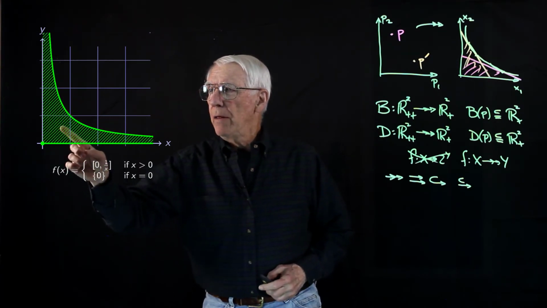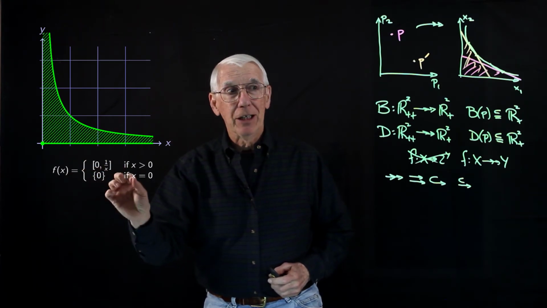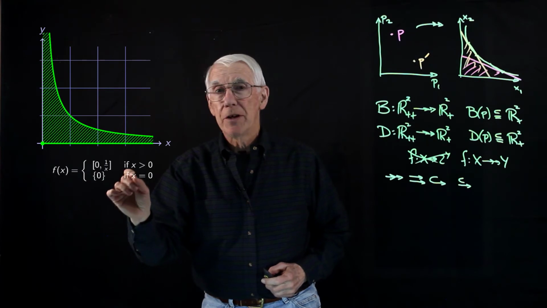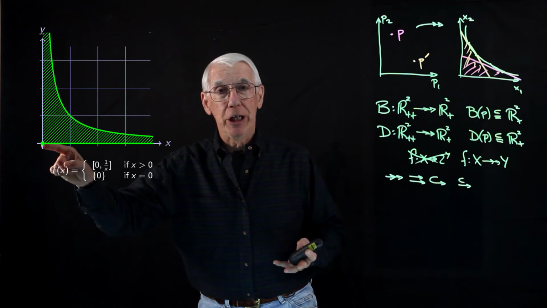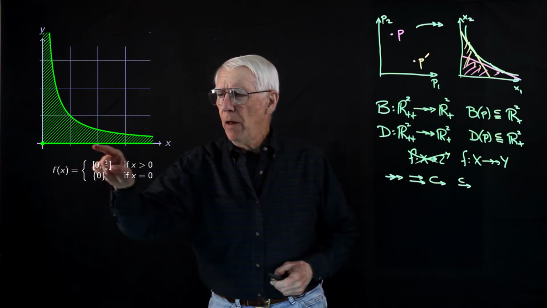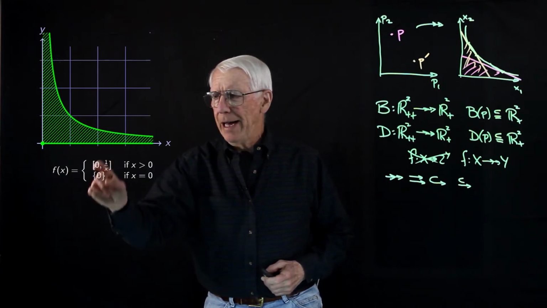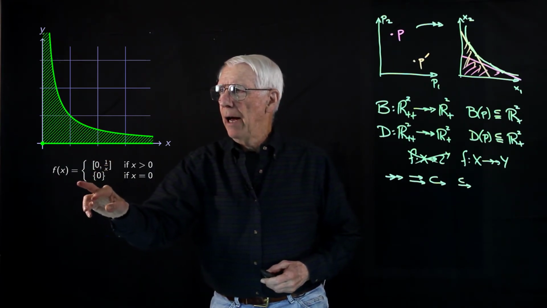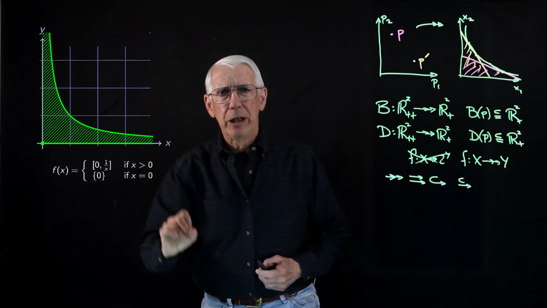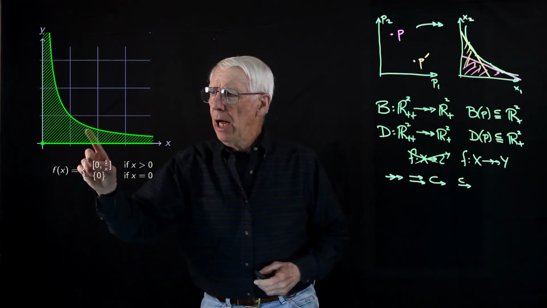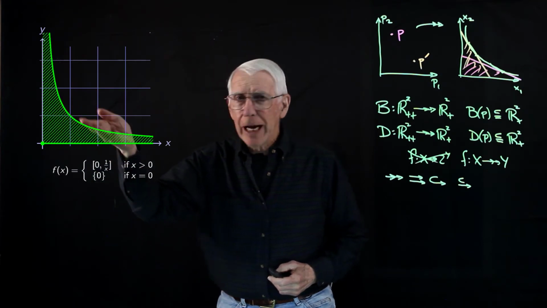So for the element 0 in the domain, since f of x is the singleton consisting of just 0, the selection would have to pick out 0 as the image under g. But then for all the other x's, our selection g could pick out anything in f of x, because f of x is an interval along the real line, along the y-axis here. So it could pick out any point in the shaded area here.